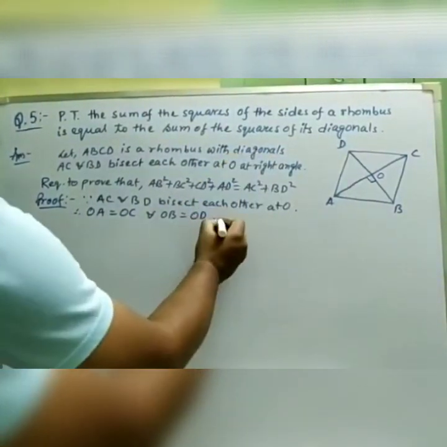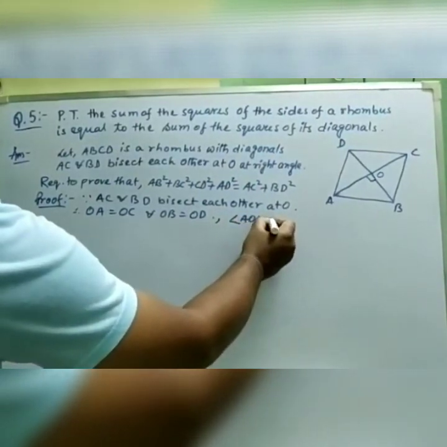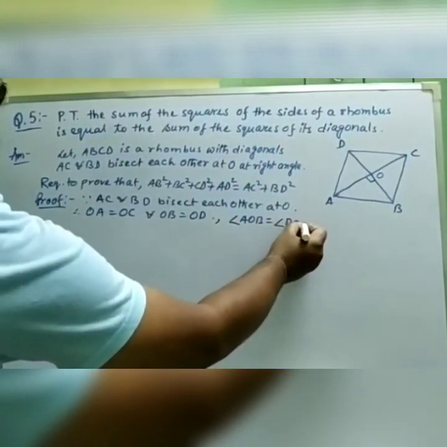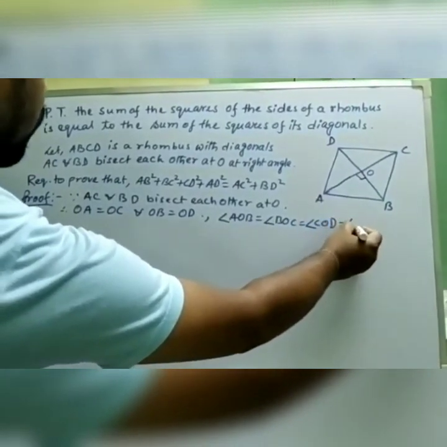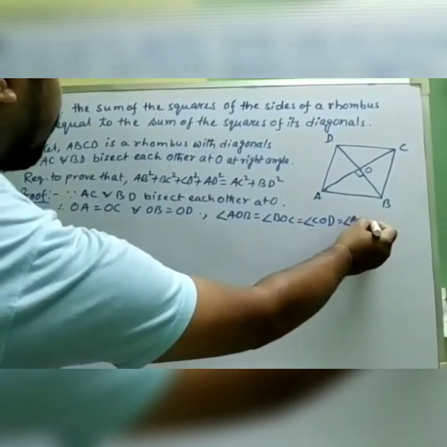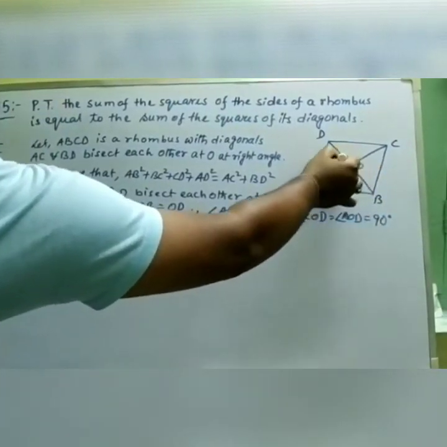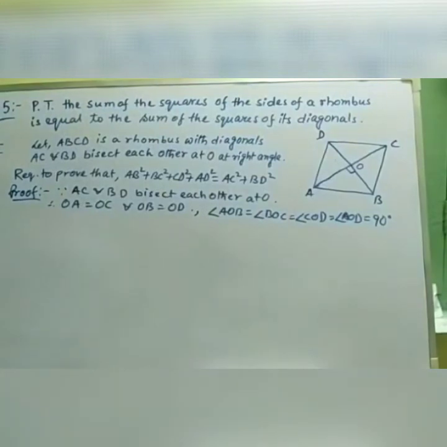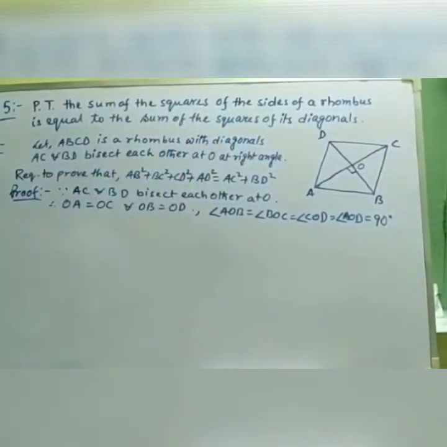As well as, we have angle AOB equals BOC, COD, AOD. All four angles are right angles, because the diagonals bisect each other at right angle.